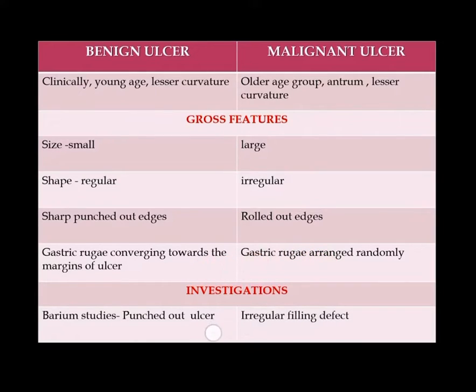So additional difference is when we investigate the patient, then in the barium studies there will be punched out ulcers seen in case of benign ulcer, while in case of malignant ulcer there will be irregular filling defects. So these differences are important, especially the gross features.